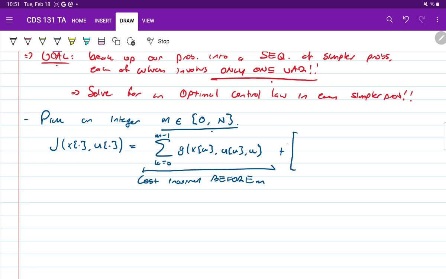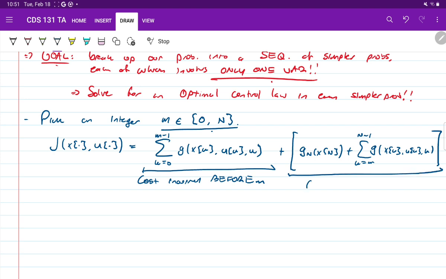Let me put this in brackets. This is going to be plus g_N of, my terminal cost, because my terminal cost happens after time m, plus the sum going from k = m up until N minus 1 of g(x(k), u(k), k). Close brackets. So this is the cost at and after time m.